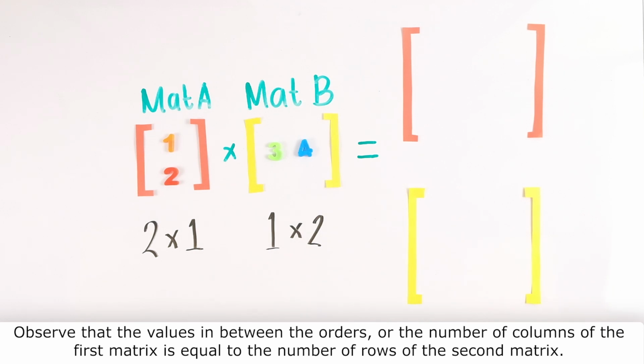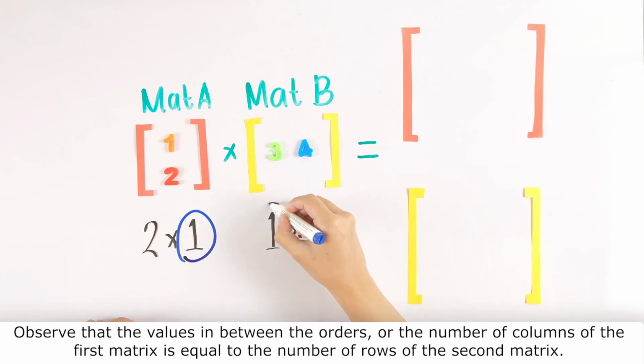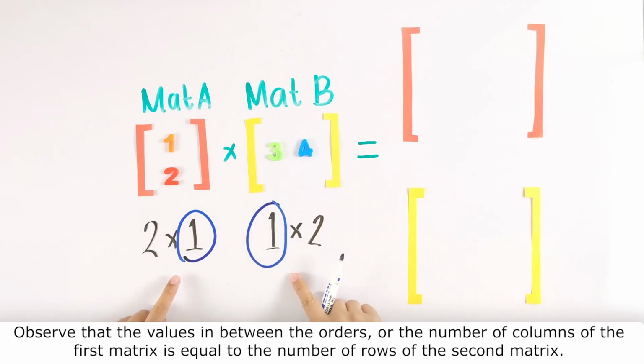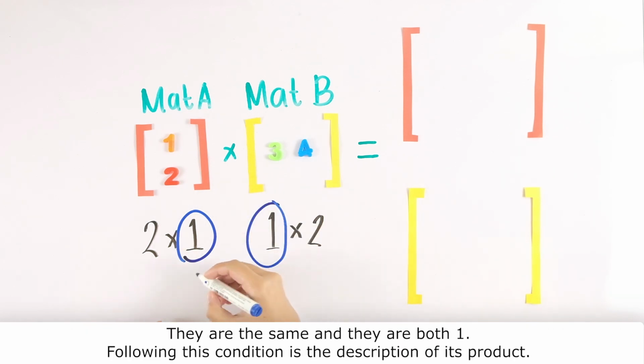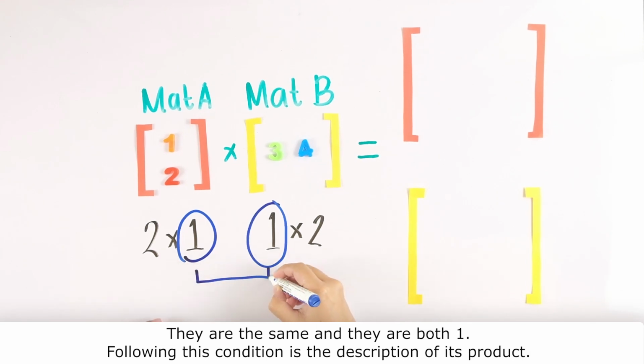Observe that the number of columns of the first matrix is equal to the number of rows of the second matrix. They are the same and they are both 1.